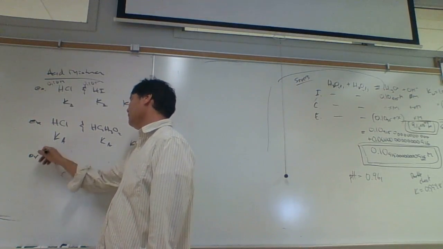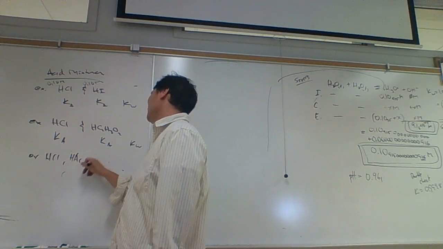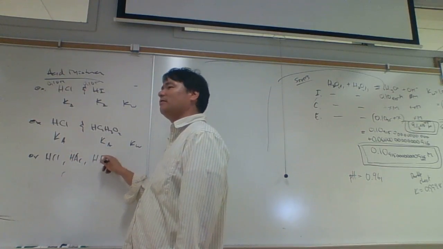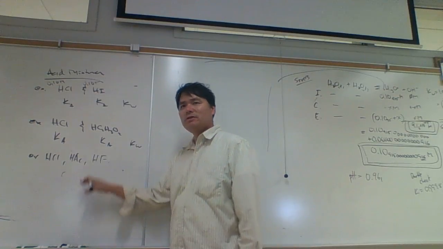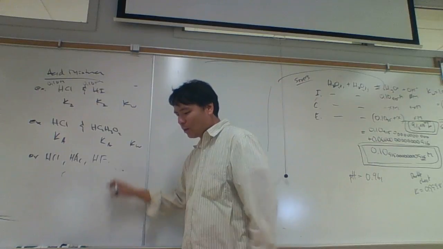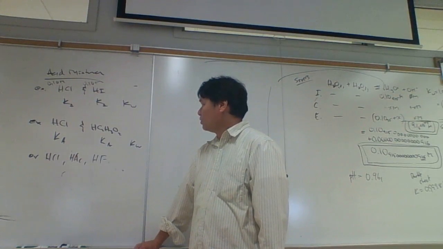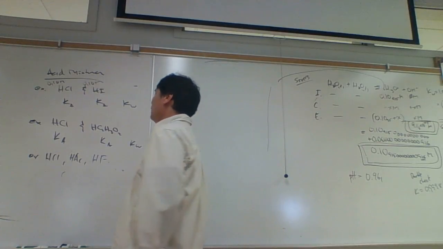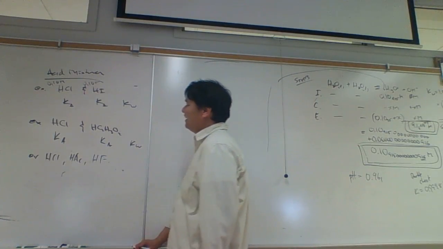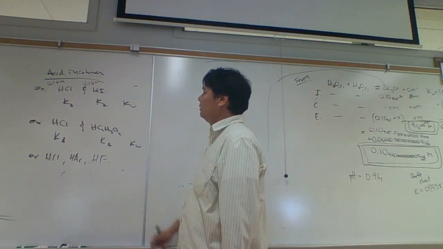We could have HCl, acetic, which we'll abbreviate HAc, and we could have others like HF. And we would just do this stepwise and have a running total of hydronium from all the hydronium ion producers.